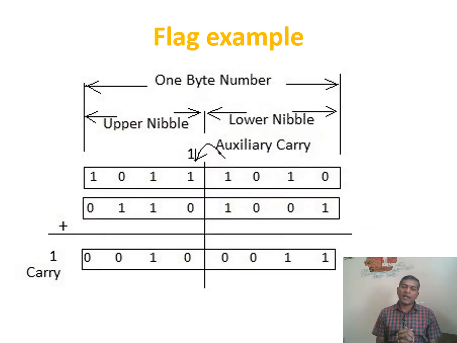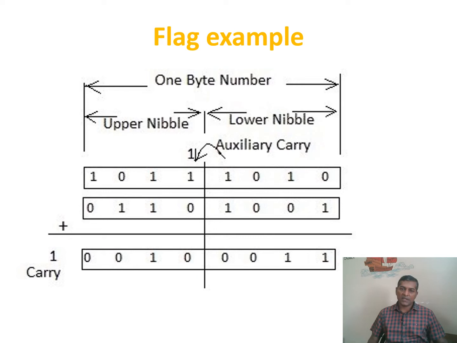Again I repeat, the flag register is 16 bits wide. It will reflect the results after the arithmetic and logical unit operation. Generally, the result will be stored in the accumulator, meaning the AX register.